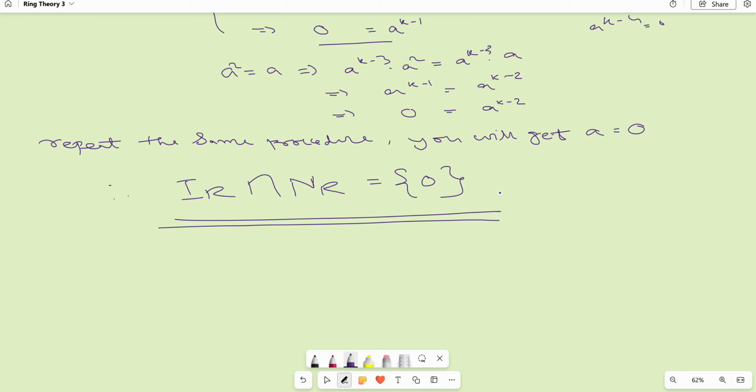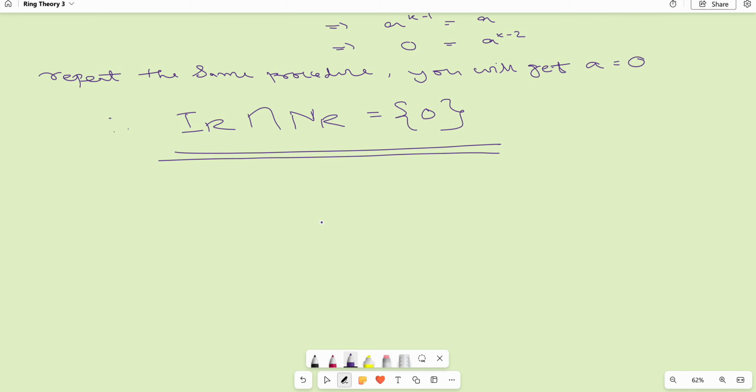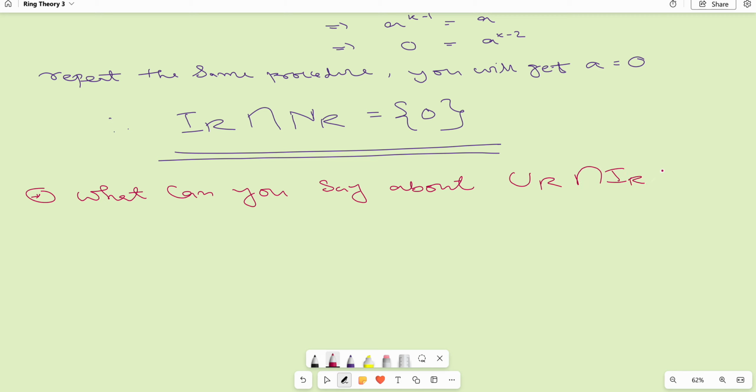So this is for today, and I am giving you one exercise. What can you say about the units of R intersection the idempotents of R? You just use the definition of it.